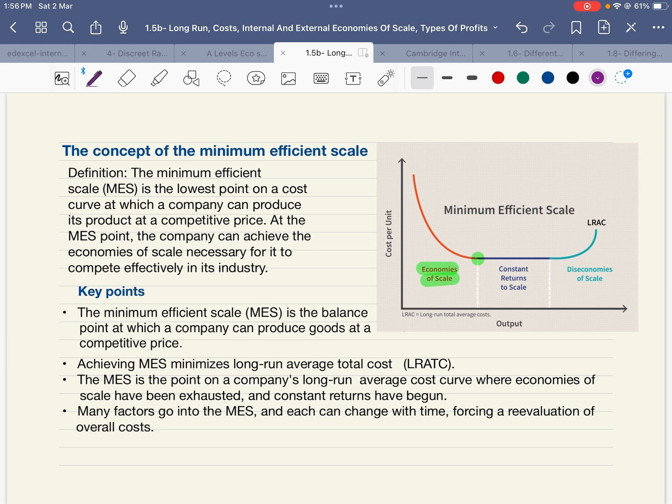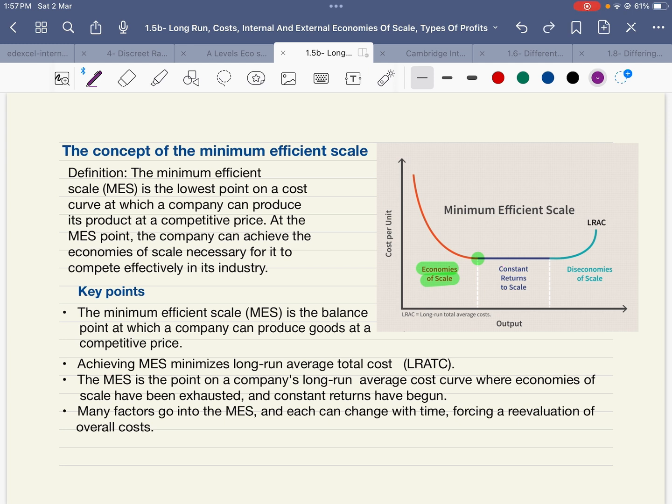Many factors go into minimum efficient scale and can change with time, forcing a revaluation of overall costs. Companies try to evaluate and reevaluate their minimum efficient scale in order to assess whether they are still experiencing economies of scale or they are moving towards diseconomies of scale.